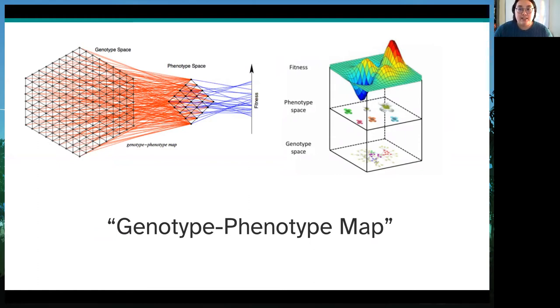And then you have this topological idea of what fitness looks like, where for every point in the genotype or phenotype space, you have a corresponding value of fitness, and it creates this topology of the fitness landscape. And that's what I'm going to focus on talking about here, and how we can better build intuition for what those landscapes look like.